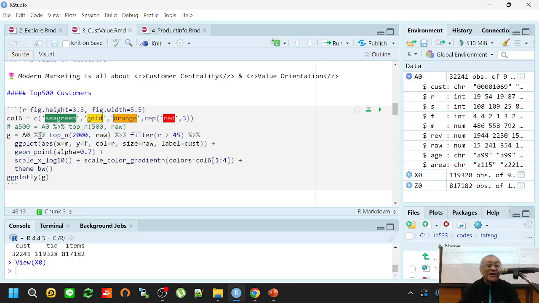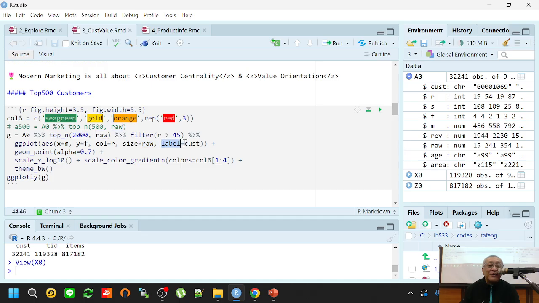And after filtering, I can plot them in ggplot. I map the average buying amount and the buying frequency as the X and Y coordinates, and I map the recency in color. And the size is the profit contribution.